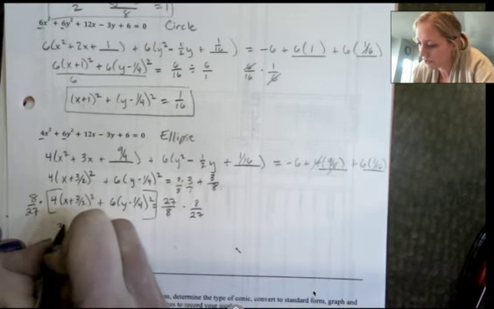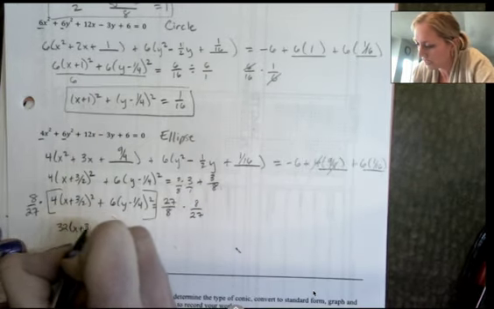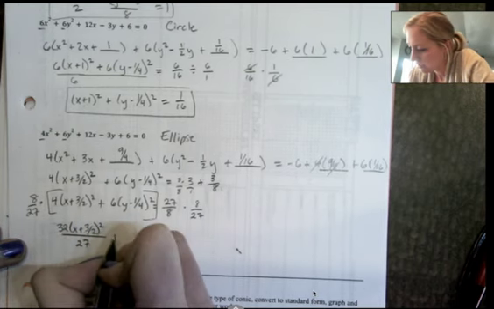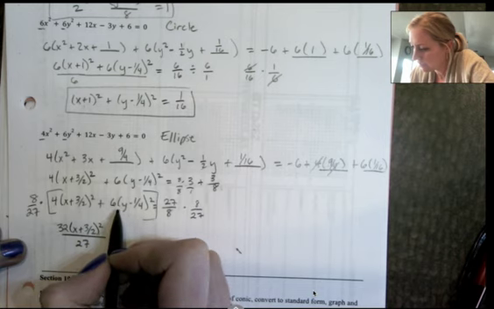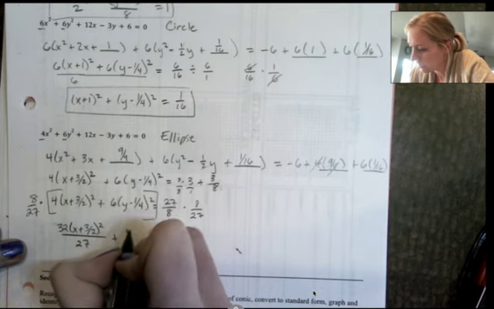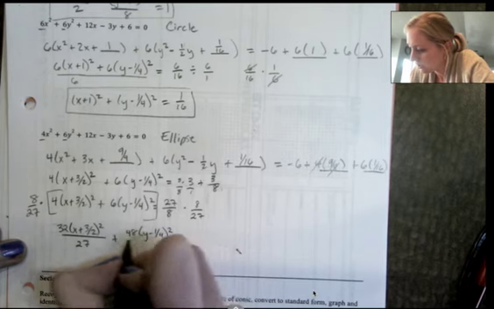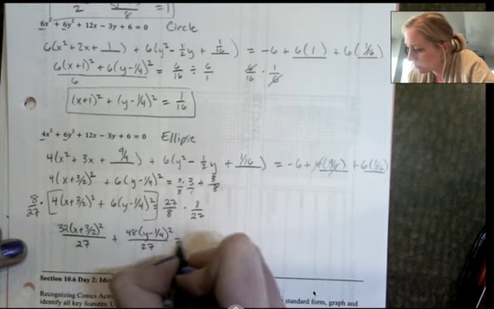So we got 32 x plus 3/2 squared over 27 plus 6 times 8 is 48. Y minus 1/4 squared over 27 equals 1.